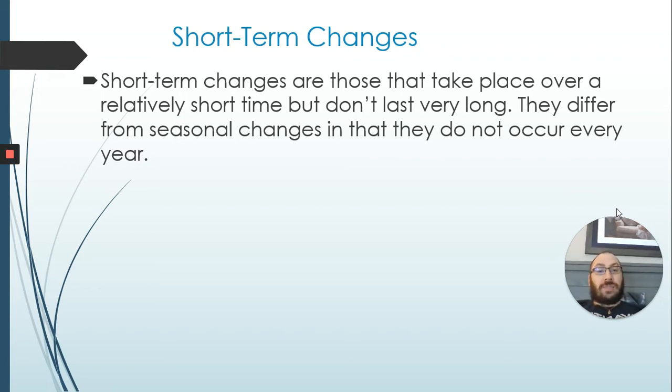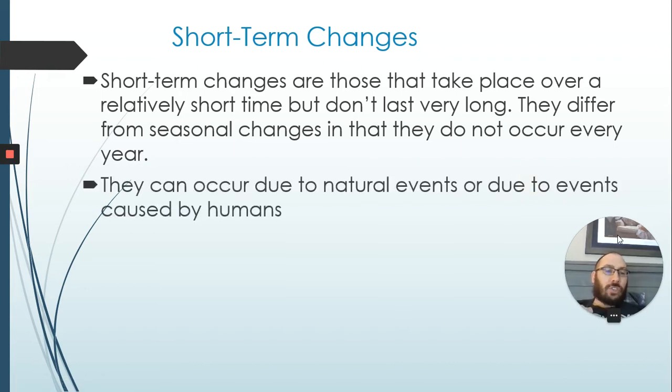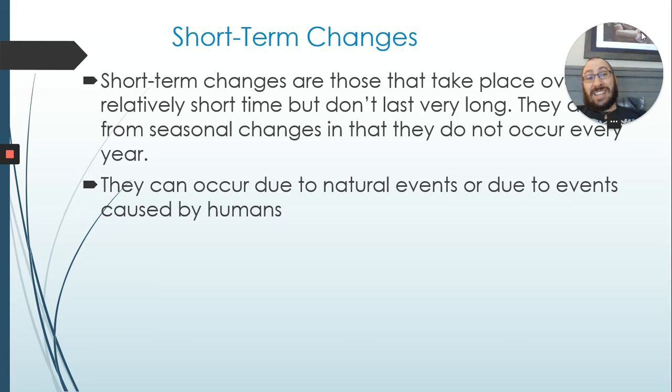They don't often last very long, and they differ from seasonal changes because they don't occur every year. The length of time can vary. It could be a few months, a few weeks, or a few short years, maybe 3 years or so. These can occur due to natural events or events caused by humans.